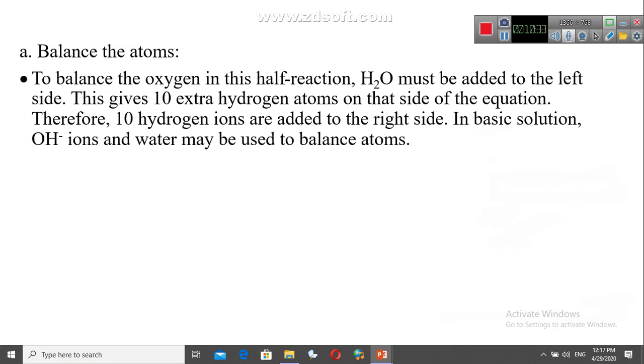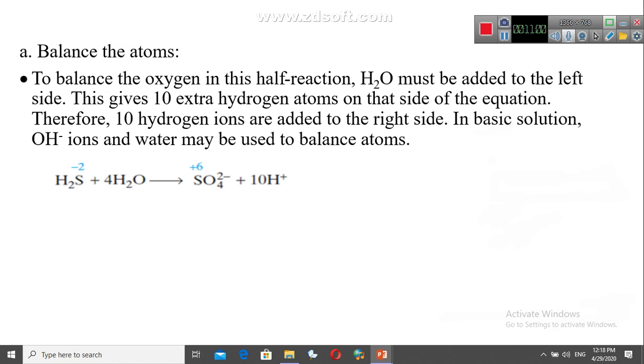How? Now we explain. To balance the oxygen in the half reaction, for example, we add water molecules. Water molecules must be added to the left side. Why do we add H2O to the left side?